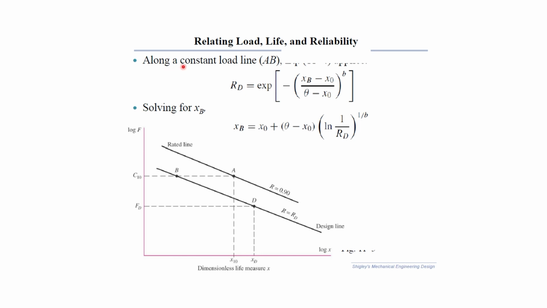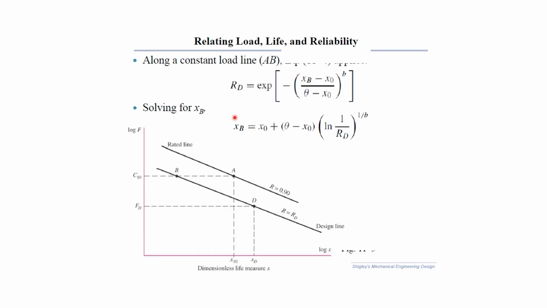Now, along a constant line AB, we have a reliability equation Rd, because here the reliability is Rd and here is the rated reliability 0.90. So, this Rd is equal to this formula. Here we will substitute the value of Xb.